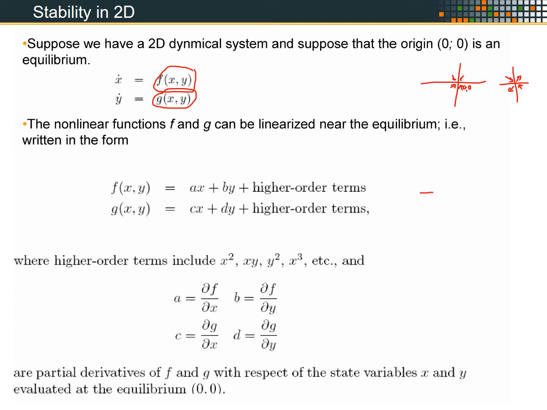So if we have a certain dependence, let's say this looks like this in the surrounding, then we try to approximate that function with a polynomial that could be a constant plus alpha times x plus beta times x squared and so on.